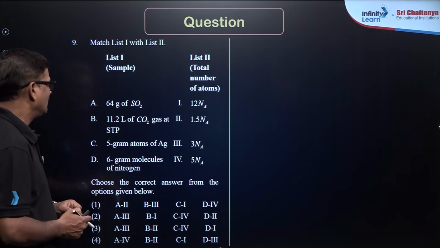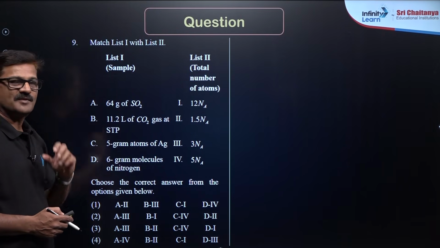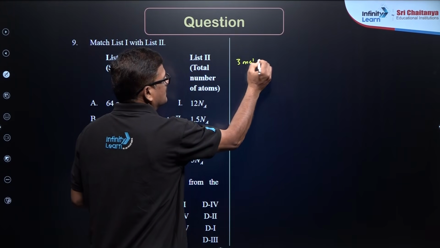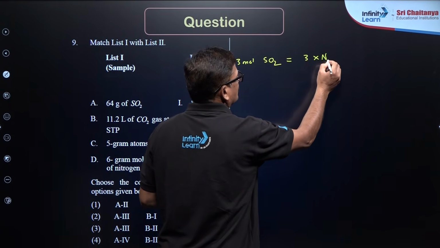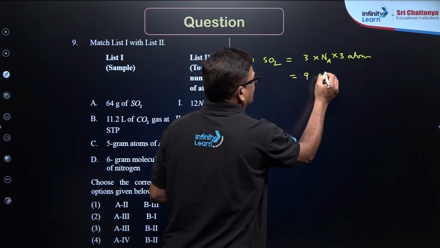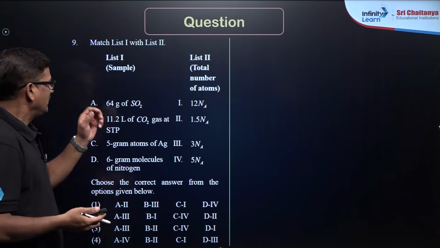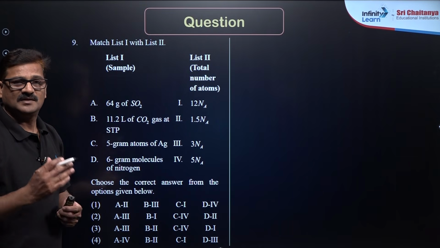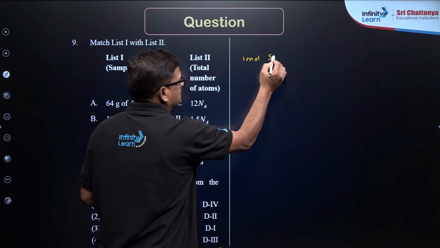Each sulfur dioxide has three atoms. 64 grams of sulfur dioxide means 1 mole of sulfur dioxide, since the molecular mass is 64.